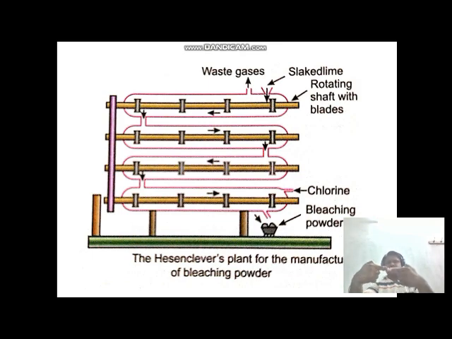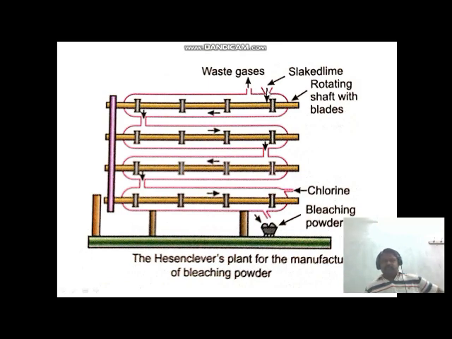So the whole thing looks like a shaft, and the shaft is always in rotatory motion, circular motion.